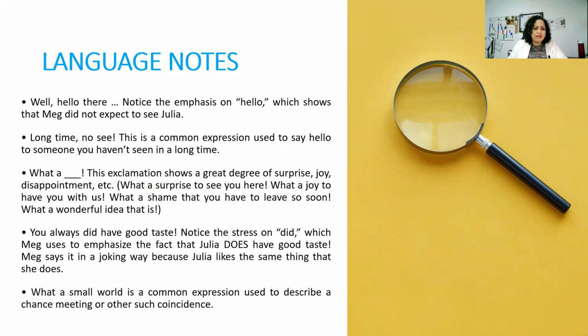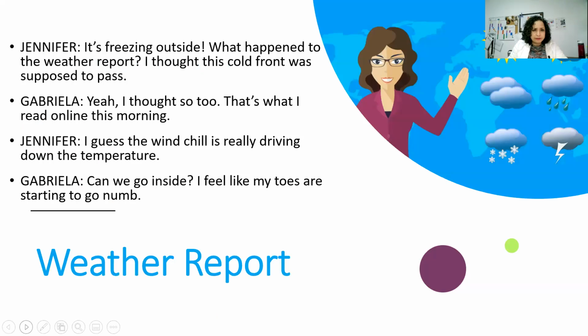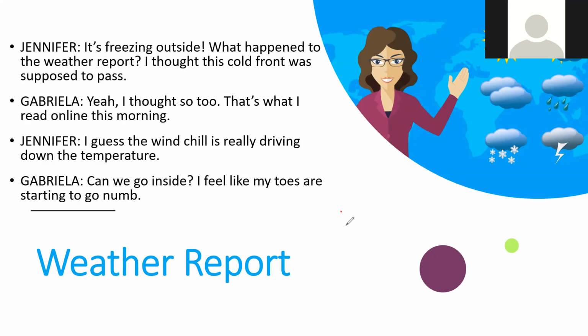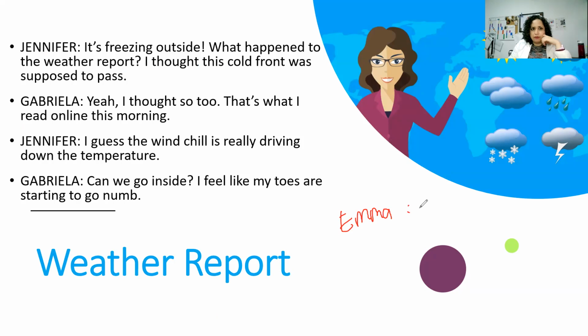And let's see, I believe that we have another one. Yeah, weather report, Jennifer and Gabriela. Two more volunteers, please. Let's see who is going to volunteer. Me. Who was that? Was that Emma? Yes, Emma. So Emma will play the role for Jennifer.